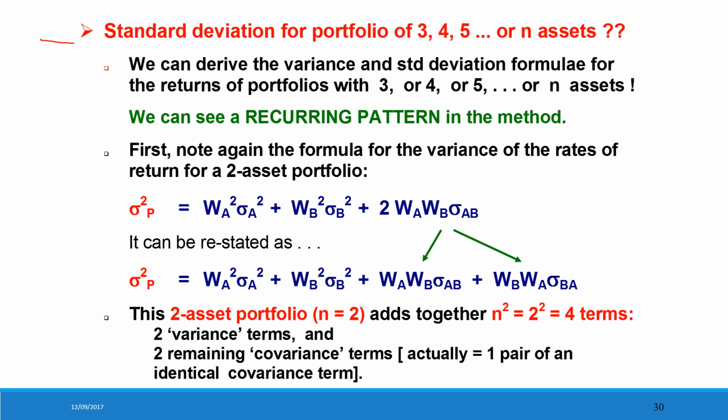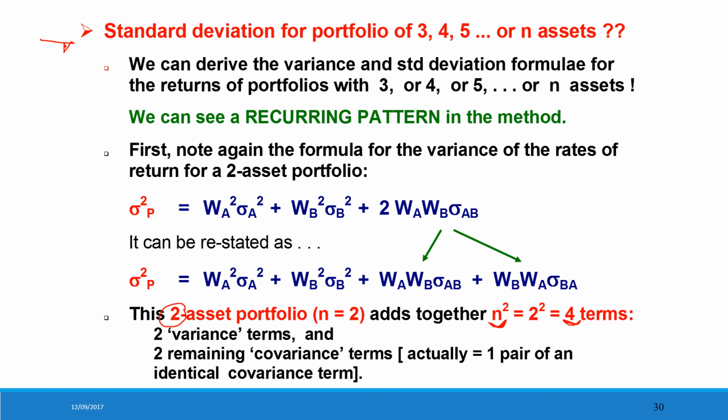So to generalize the formula, if we have 2 portfolio assets, we have 4 different terms. If we have n portfolio assets, we therefore would have n squared terms.